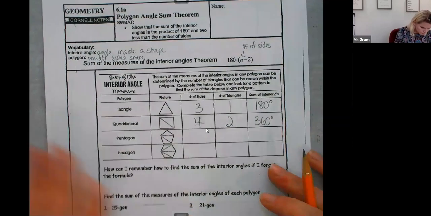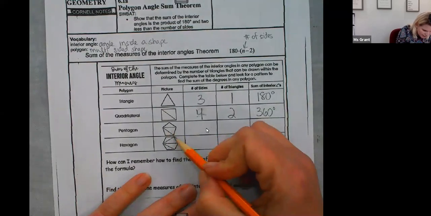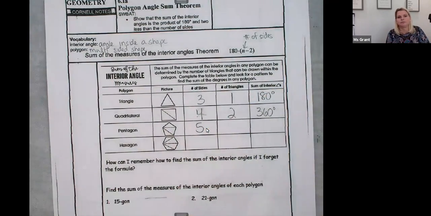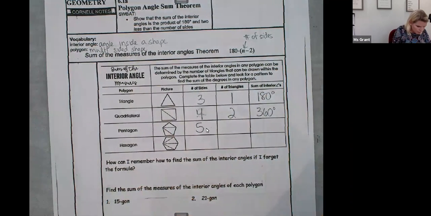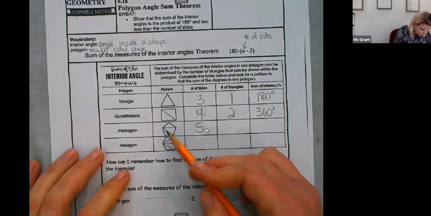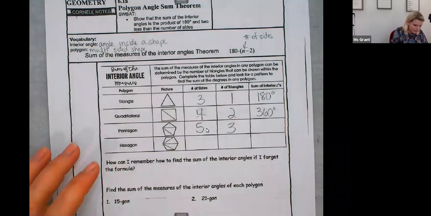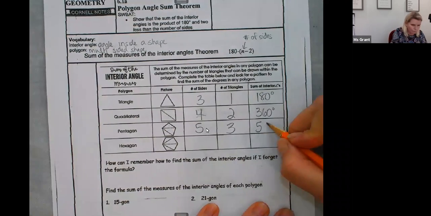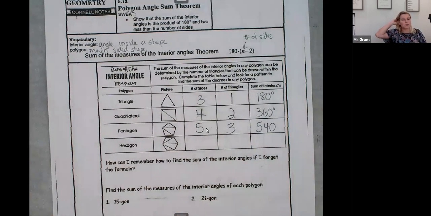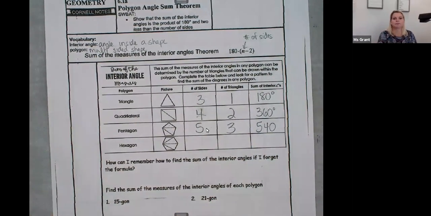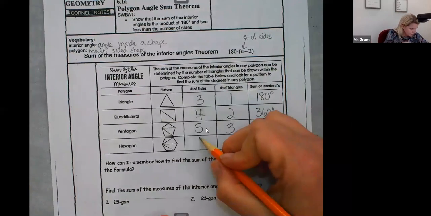Pentagon. Well, a pentagon has 5 sides. And so the number of triangles that I could make would be 1, 2, 3 triangles. And that's going to be 540. 180 plus 180 plus 180, right? Then I have a hexagon, which has 6 sides.